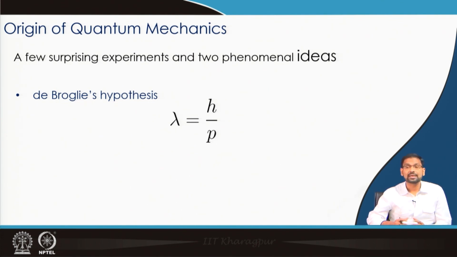Now, de Broglie in his hypothesis suggested that like light, any other particle that we see, of course they are particles, but they also have wave-like nature. That was very puzzling.